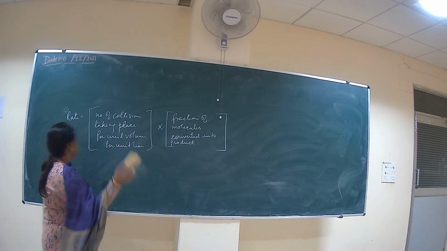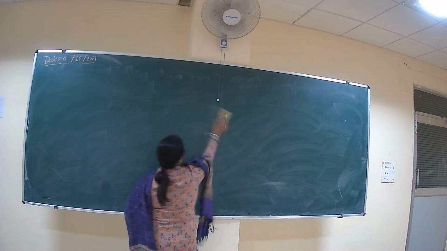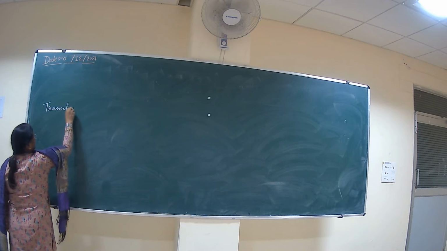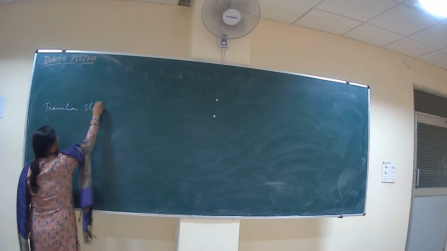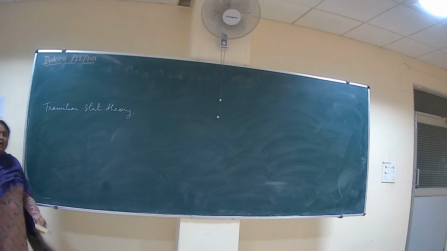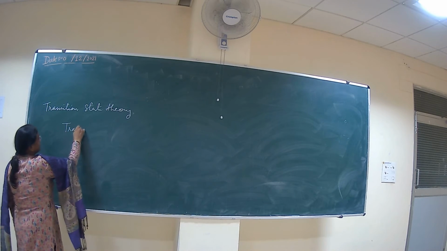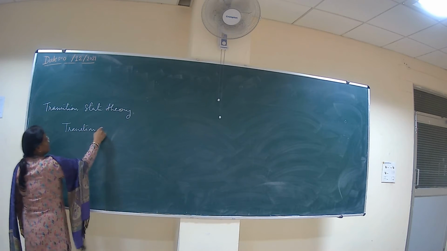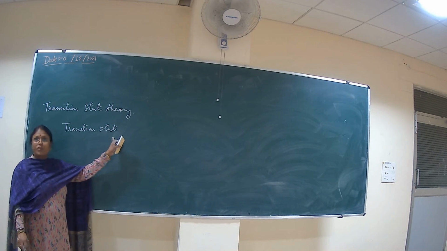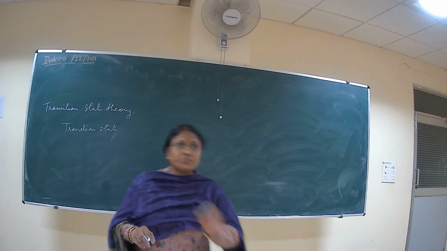And in the transition state theory that was given by Eyring, now in this transition state theory, there is an intermediate state that is known as the transition state, where the intermediate complex is formed, and that intermediate complex has the maximum energy.